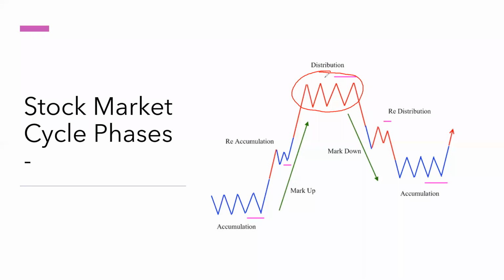In distribution they start closing in profits, and markdown is followed by an extremely volatile phase. Whereas the distribution phase will be kind of calm markets, calm and super positive.